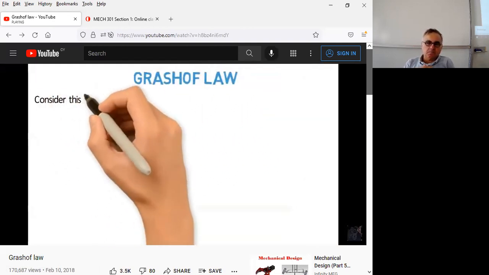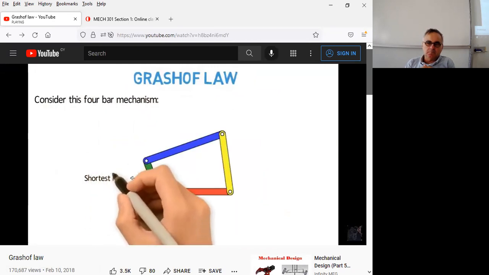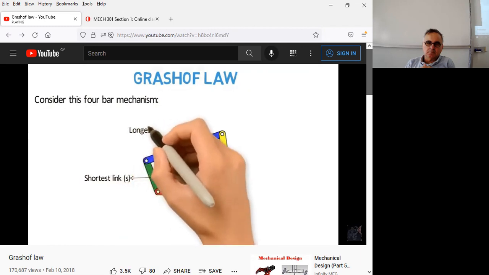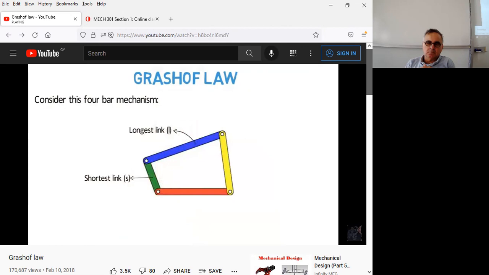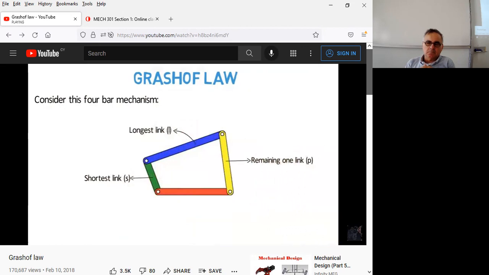Consider the four-bar mechanism. S be the length of shortest link. L be the length of longest link. P be the length of remaining one link. Q be the length of the remaining other link.